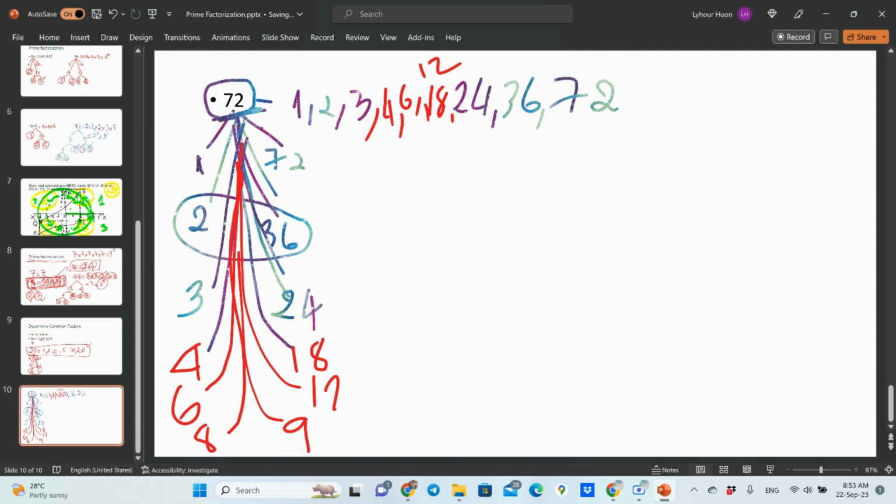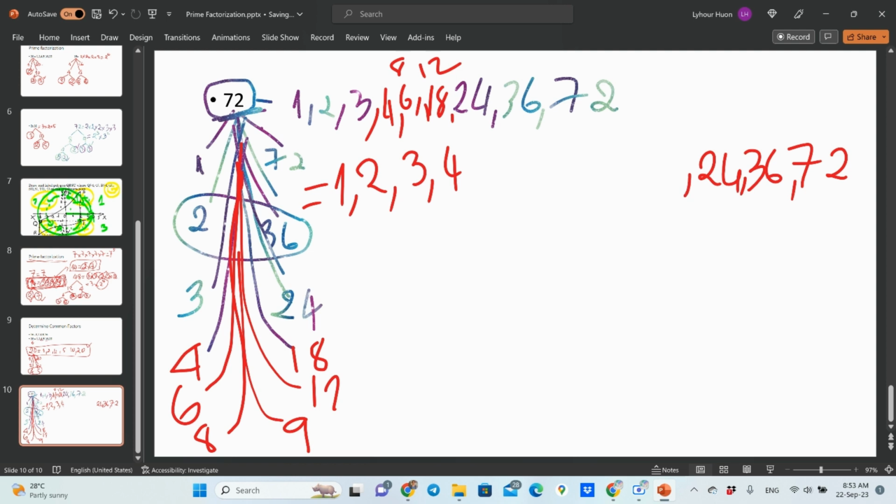If we write it, it will be 1 and 72, 2 and 36, 3 and 24, 4 and 18, 6 and 12, then 8 and 9.